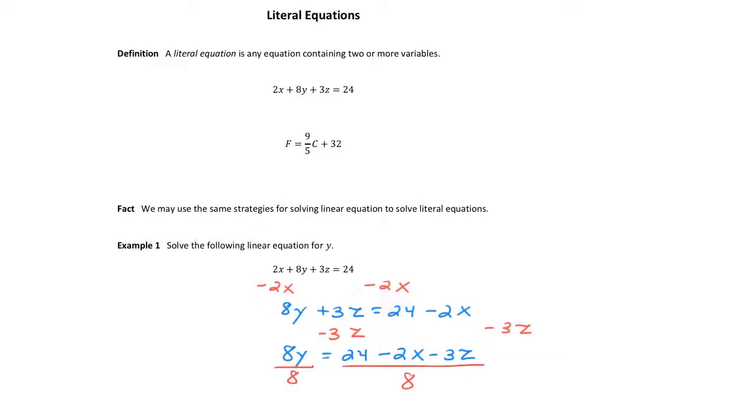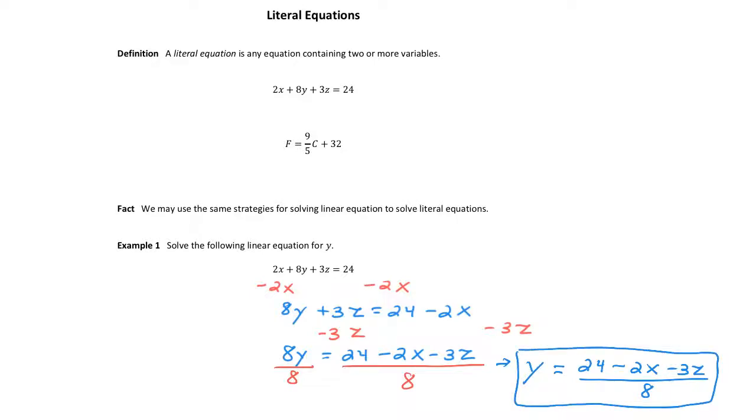And when I do this, I have y is equal to, and I can leave this as one fraction, 24 minus 2x minus 3z all over 8. And this is a completely fine answer. You don't have to break this up into a couple of fractions, but we have solved for y.